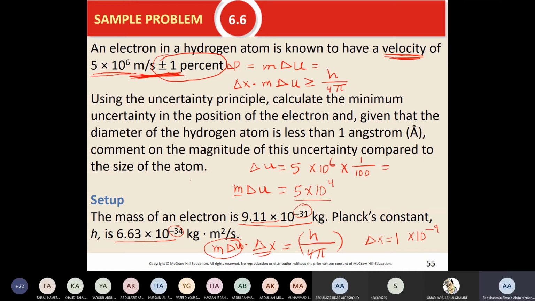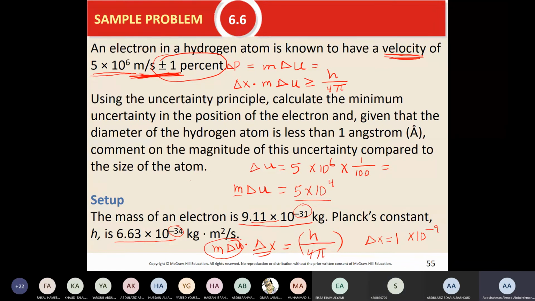I have it 1.5 times 10 to the power minus 6. How do you have it that way? Maybe you didn't multiply delta U by the mass of the electron. I did. Maybe we didn't. Yeah, you did not multiply by the mass of the electron.